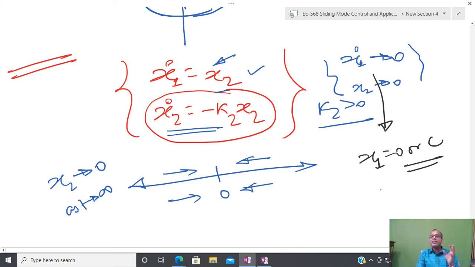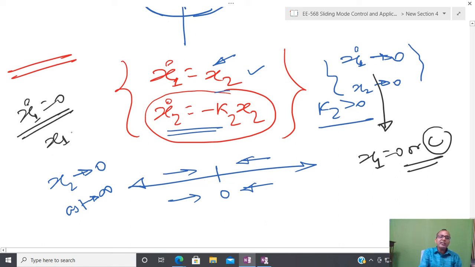It means that I cannot conclude exactly that x1 equals 0, because this might be any constant. Due to that reason, I cannot claim perfectly that this is 0. Now try to see, suppose you have this differential equation and x1 is not equal to 0, then what is the solution?